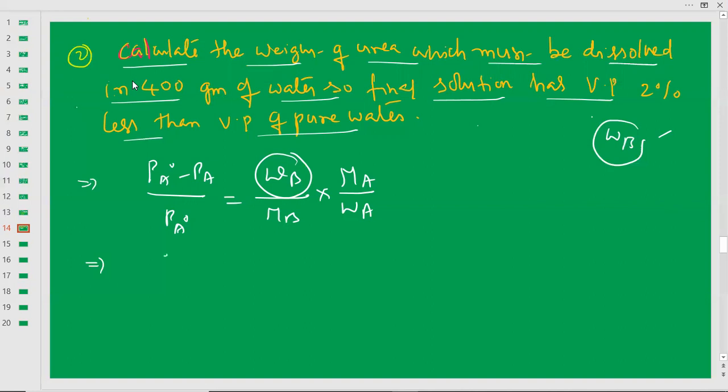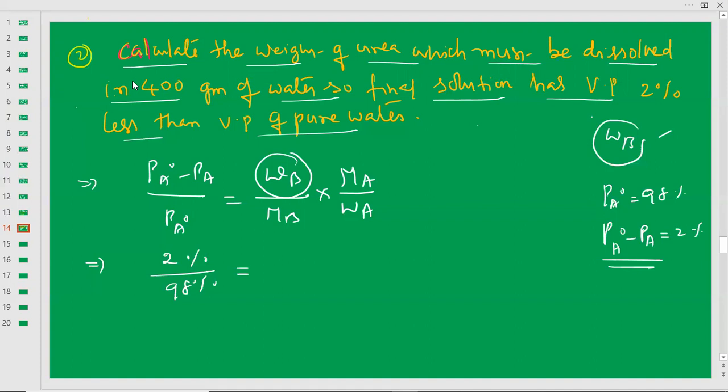Once the 2% is reduced, I can take this as 2%, and the vapor pressure of pure solvent I can take as 98%. So I can take PA naught as 98%, and PA naught minus PA is equal to 2%.